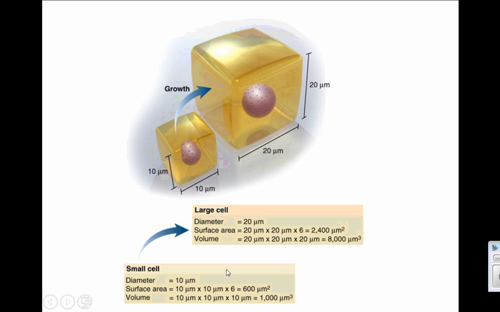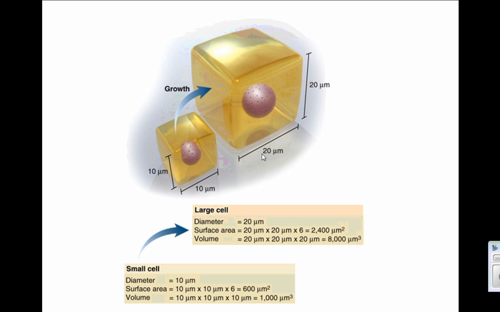The surface area of this small cell is 600 square microns. When we double the size of the cell, we go from 600 to 2400. So it's gone up four times. So the surface area has grown four times, even though our cell only doubled in size.